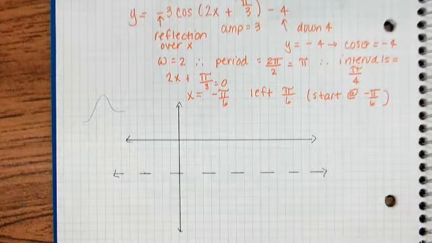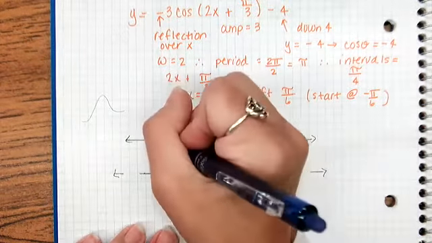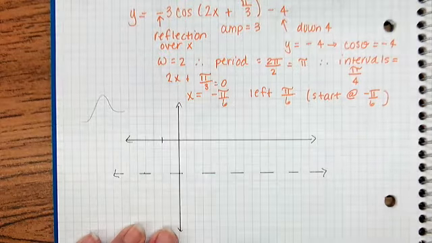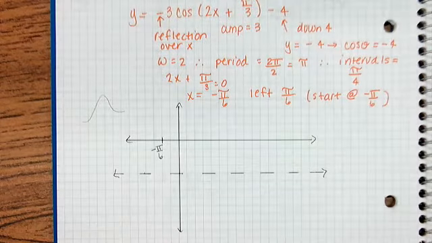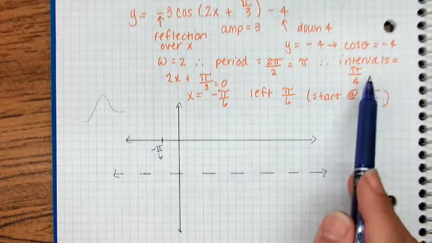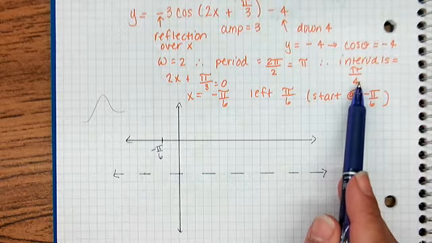I'm going to set up my x-axis, my theta axis, to go by 12ths. So I'm going to start at negative pi over 6. My intervals are pi over 4. So pi over 4 is 3/12.